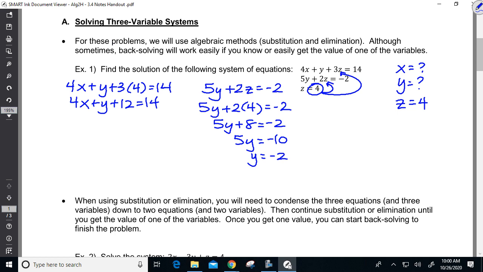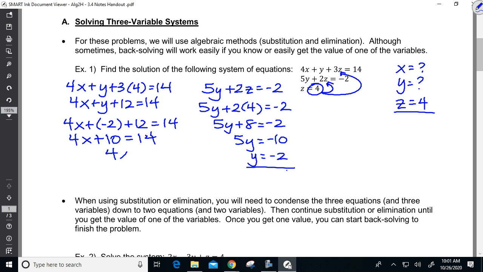Now I have two answers. I know that z is equal to 4. I know that y is equal to -2. So now I can take -2 for y. -2 plus 12 is 10. 4x equals 4, x equals 1.